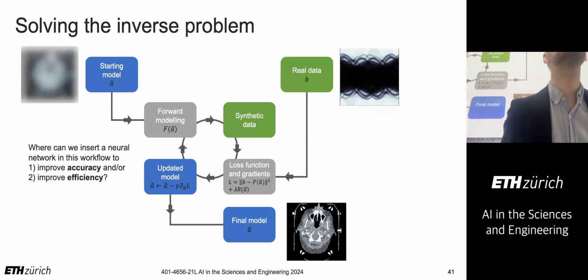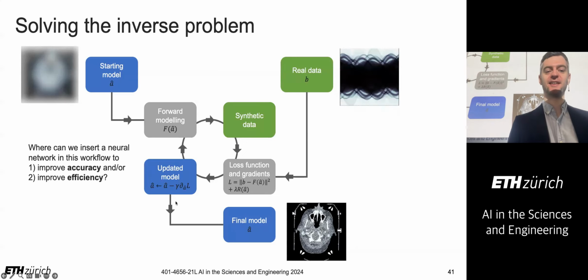Yeah, please. Maybe the updating the model. Very interesting. Okay. So you would have a neural network in here somewhere that would take what would it take as its input?